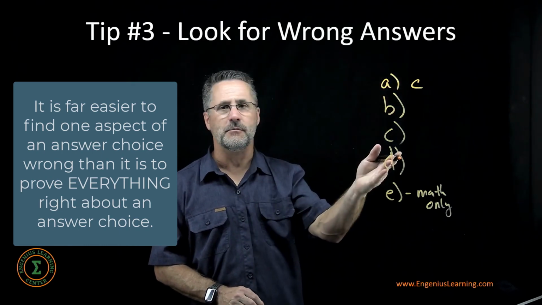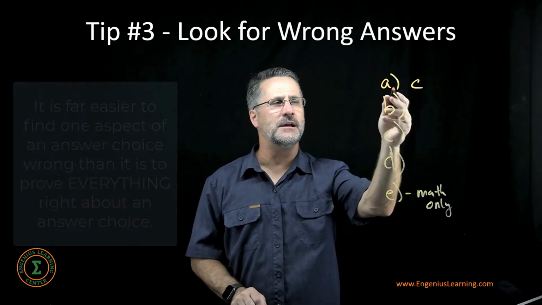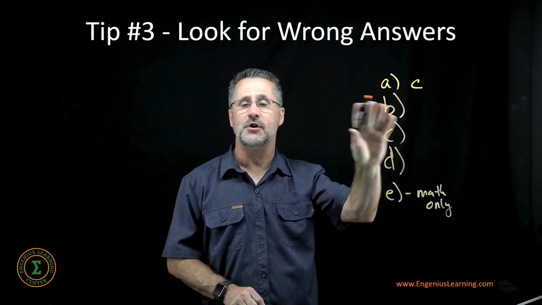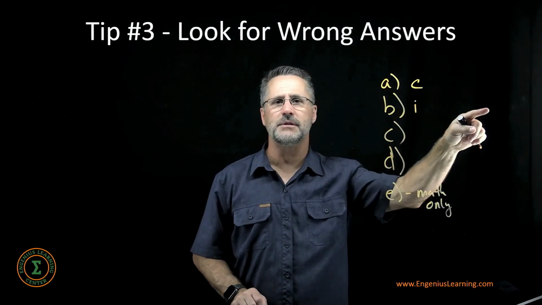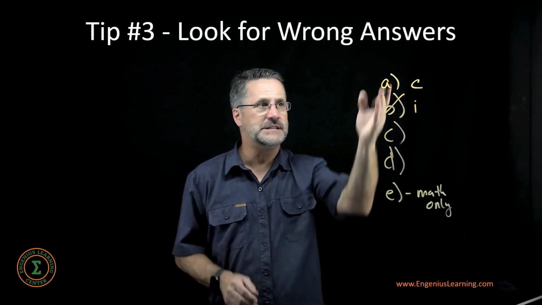So I say letter A feels good. Nope, don't pick it. Let's move on to B. I look at B and I go, you know what? I can definitely prove that one's incorrect. I saw that one. That's the complete opposite of what it says. B is gone. Good. Now my odds have improved. Instead of 1 out of 4 or 1 out of 5, my odds have gotten a little bit better.